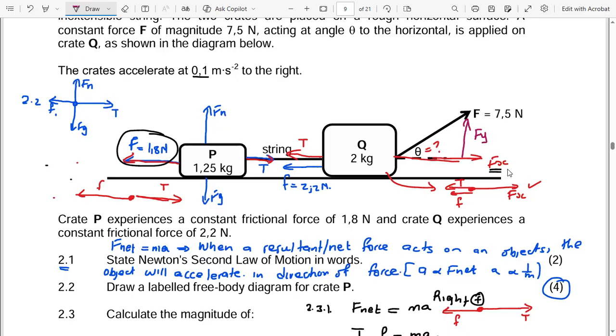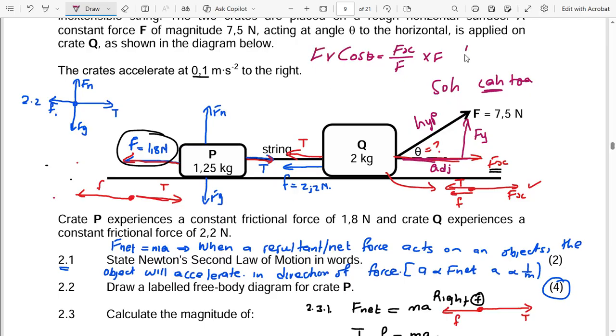I'm looking for Fx, which is my adjacent, and I have F, which is my hypotenuse. According to SOHCAHTOA, with adjacent and hypotenuse, this will be the cos of theta. So cos of theta is equal to adjacent, which is your Fx, over hypotenuse, which is F. Therefore, multiply both sides by F.